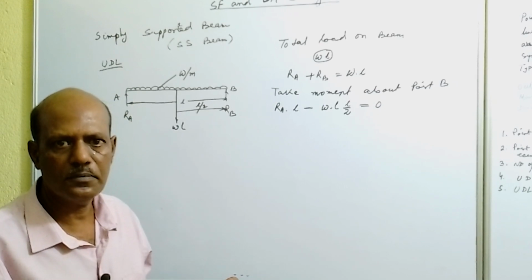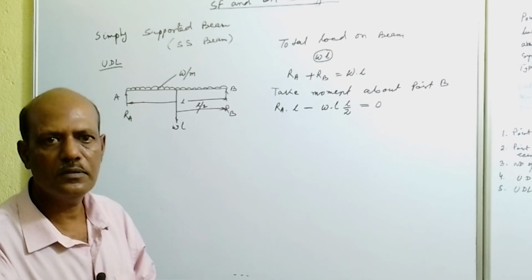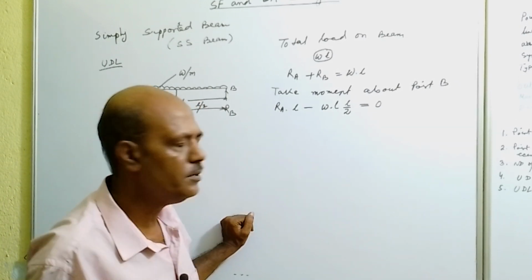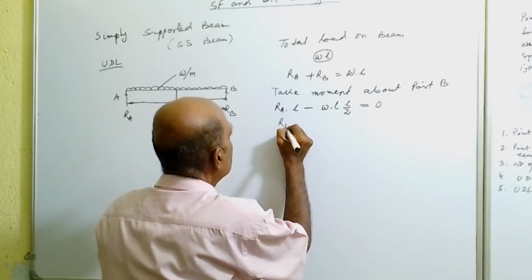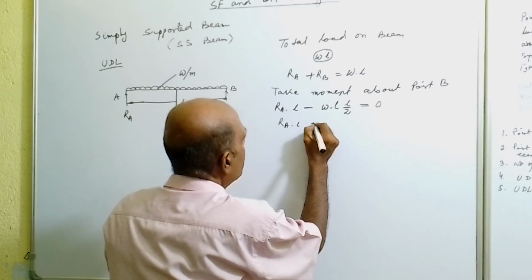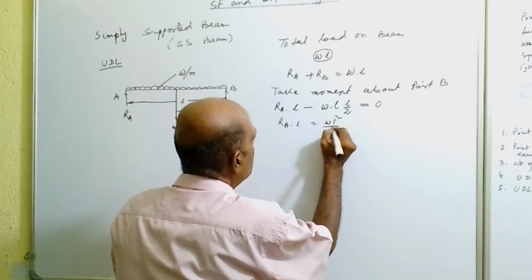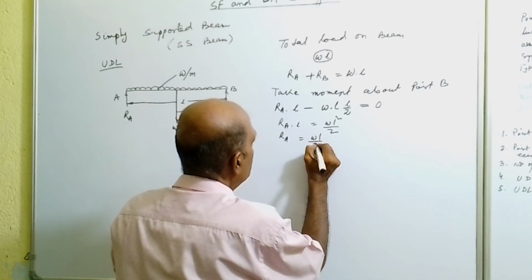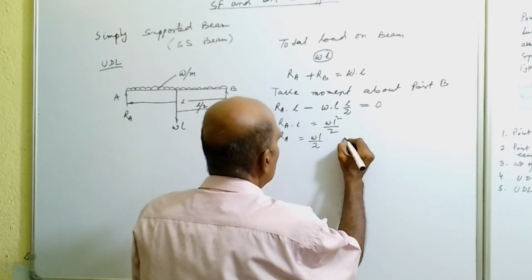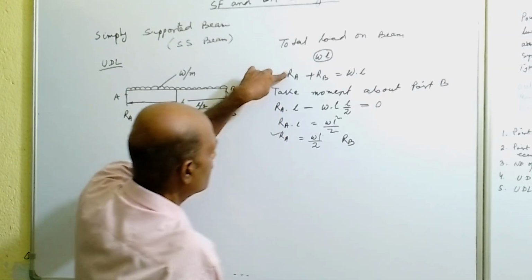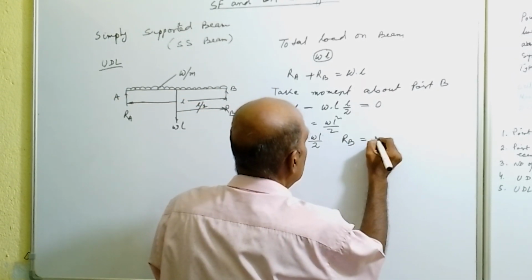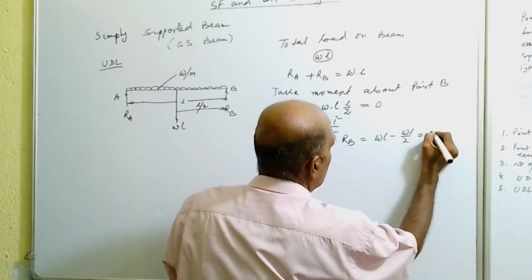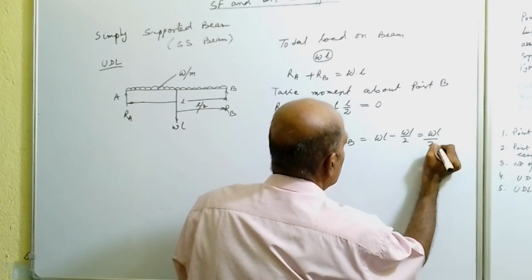Because the beam is in equilibrium, the sum of the moments will give 0 value. So RA into L minus W into L by 2 is equal to 0. From here we can calculate RA is equal to WL by 2. Then we can calculate RB from the first equation, that is RB is equal to WL minus WL by 2, which is also equal to WL by 2.